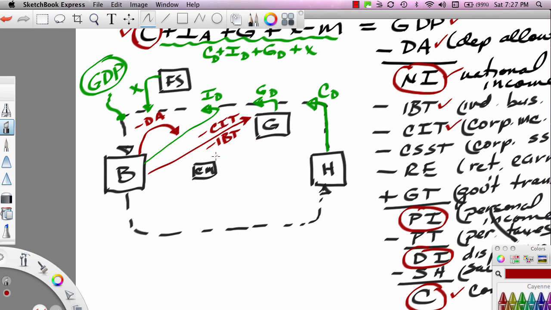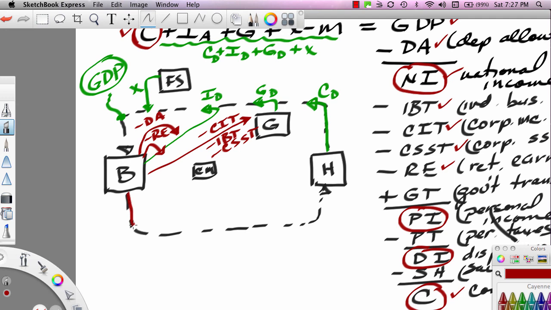If you subtract out corporate Social Security taxes, that's a tax. Notice those three taxes right there, business taxes. If you subtract out retained earnings, what have you done? You've actually taken GDP, which is what basically flows into the business sector, and you've taken out all the business saving, you've taken out all the business taxes.